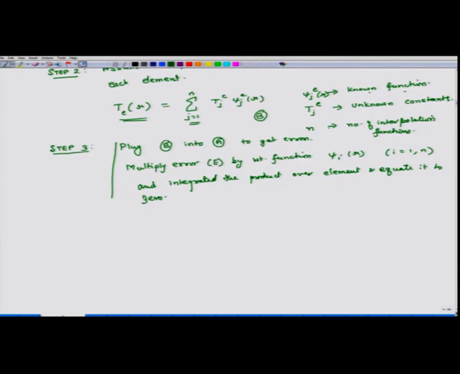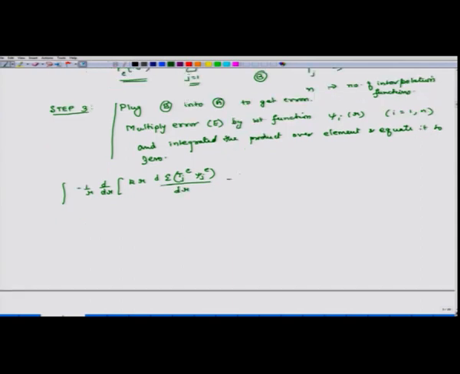So, when I do this, what is the equation I get? This is what I get: minus 1 by r d by dr of k r d, minus... So this is the error, right, this is the error.